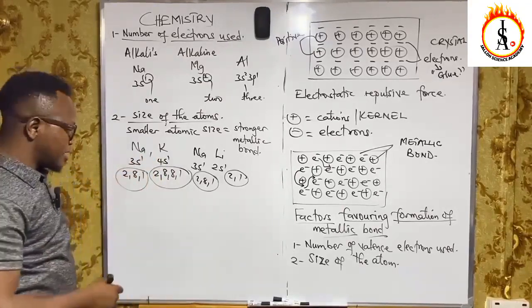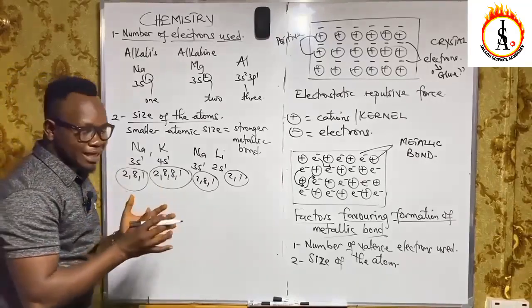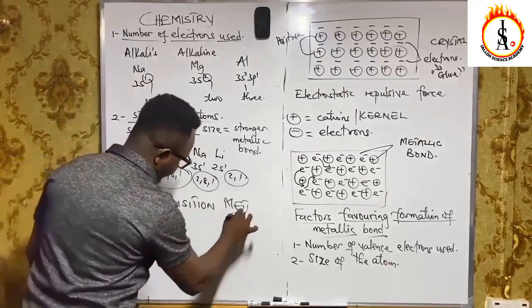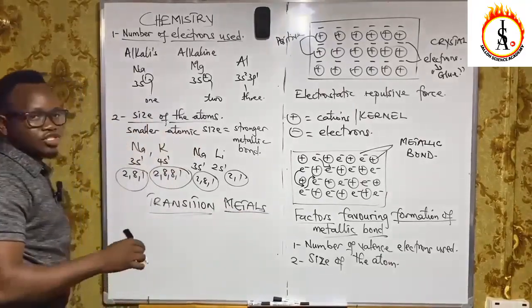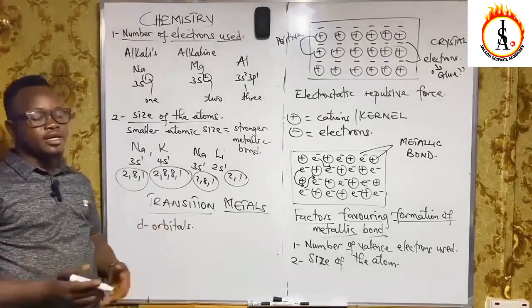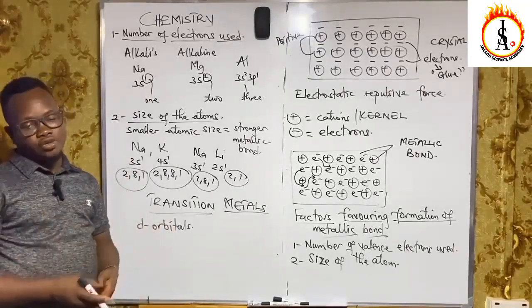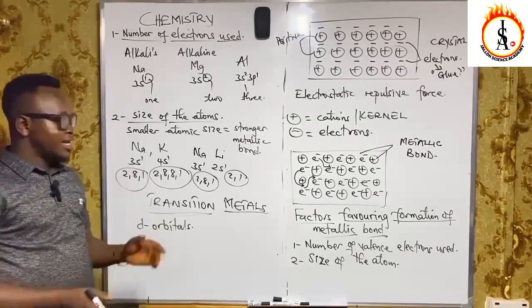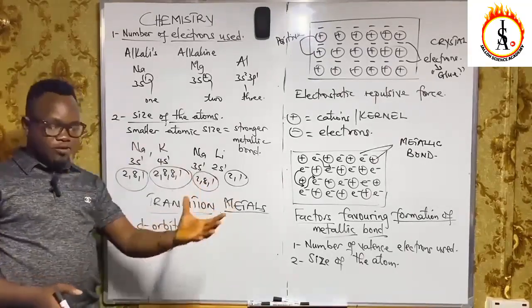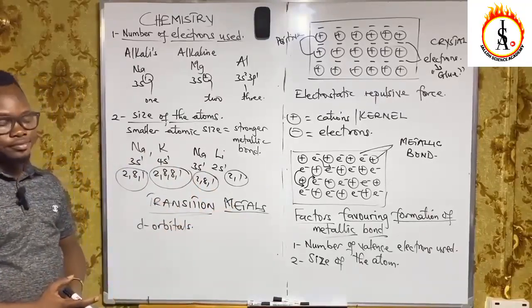Why does that happen? Because the transition metals involve their d orbitals. The transition metals involve the 3d orbitals and the 4s orbitals in the formation of the bond. And the more the number of electrons involved, the stronger the bonds.